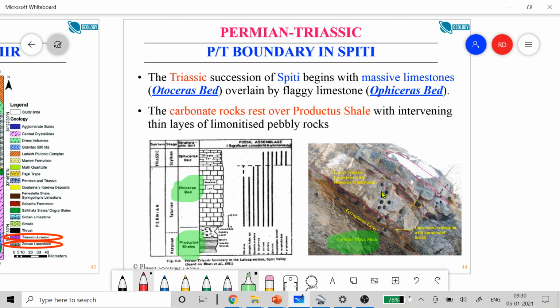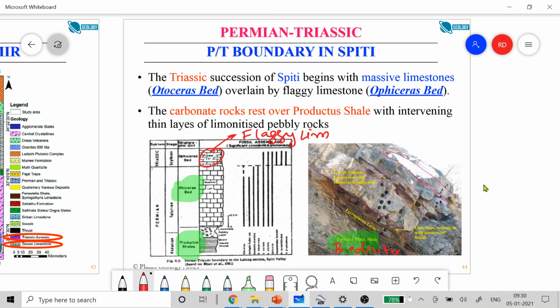Above these you see limestones which are cephalopod bearing, whereas the rocks underneath are brachiopod bearing. So the shales here bear mostly productus, and then on top of these you see autocerous bed, and on top of autocerous bed is the part which is called flaggy limestone.